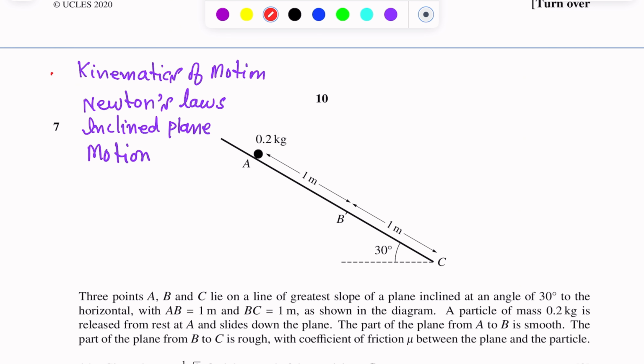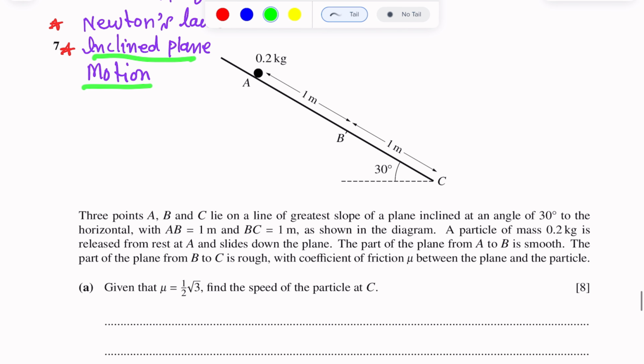These are three concepts: kinematics of motion, Newton's laws of motion, inclined plane motion.